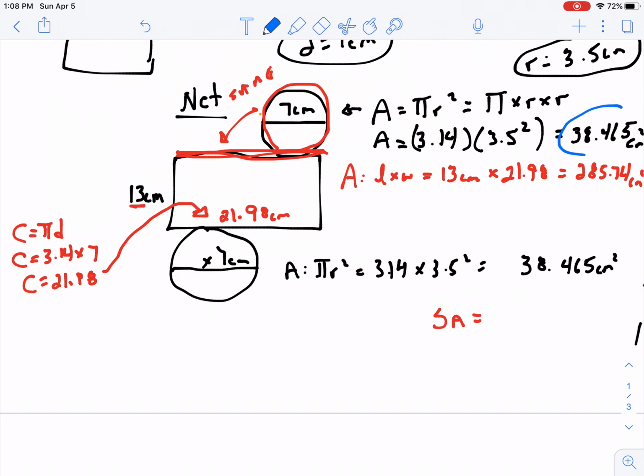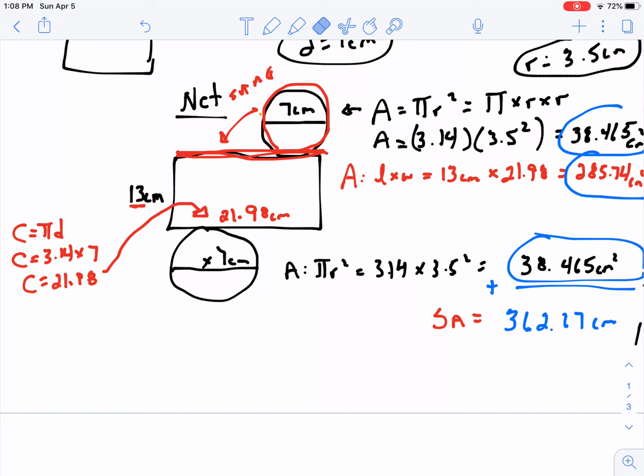Combining this area plus this area plus this area. That's all I'm doing. I'm going to add those pieces together, and when I add those pieces together, I should get 362.67 centimeters.